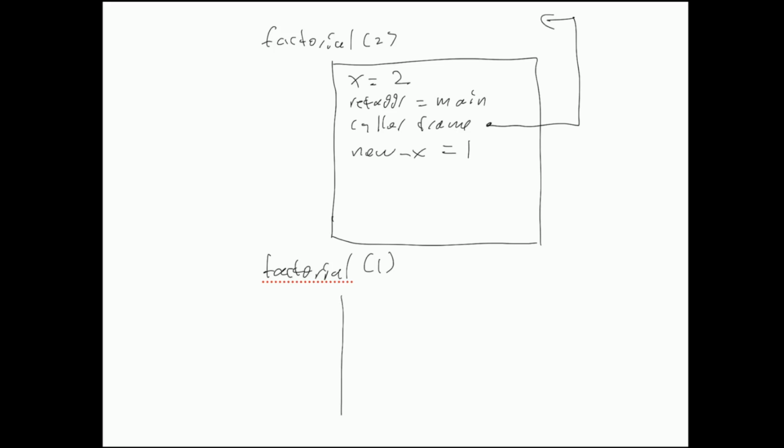So we set up this new stack frame for factorial of 1, and it gets its own copy of x, which in this case is 1. Its return address, to simplify this, we'll just say it's returning to factorial, but when we look at how the machine works, the machine will actually store the address of the next instruction in the caller function.